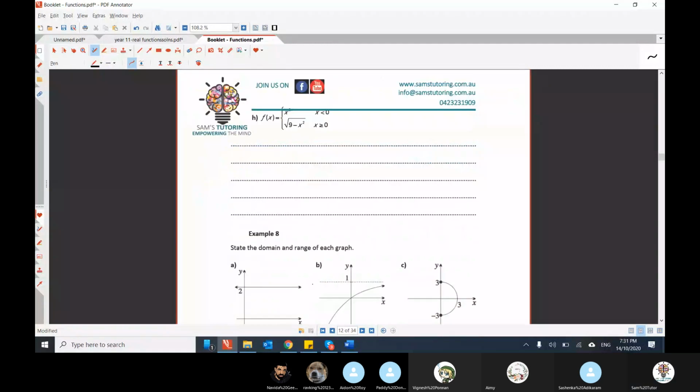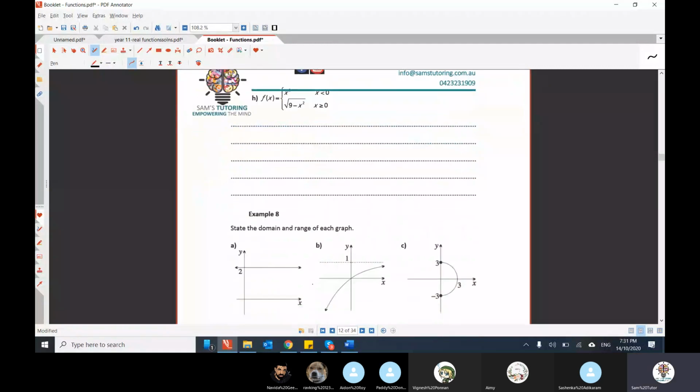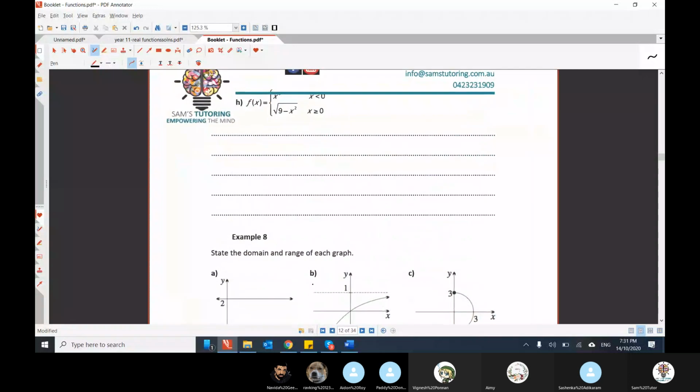Last one, algebraically. Maybe we'll make it into a squared. f of x is a parabola when x is less than 0. f of x is this when x is greater than or equal to 0. Domain, range.